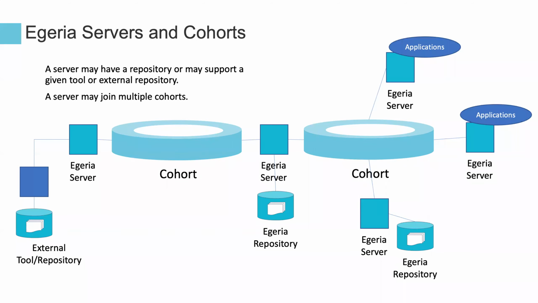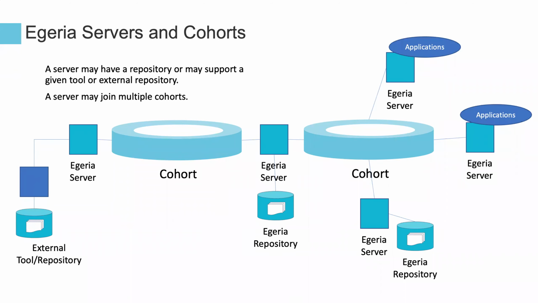Alternatively, on the left-hand side of this picture, we have Egeria servers which act effectively as proxies or bridges to external tools and repositories. So this could be an external tool, some kind of catalog or a workflow tool, for example, and we can query the metadata from that tool and make that metadata visible within a federated view that is constructed by Egeria.